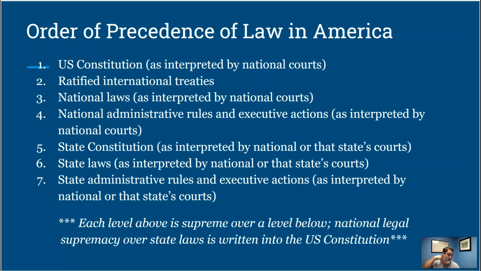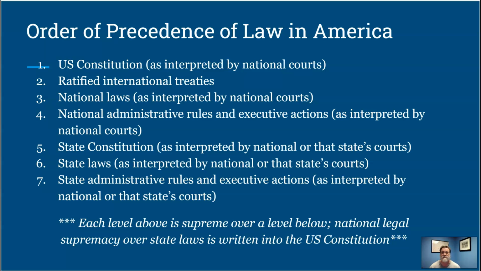Of course, the Constitution trumps everything, and then it goes down in order as shown on this screen. Now, of course, there are 50 states, and the 50 state constitutions, as interpreted by the national courts or that state's courts, would be supreme in that state, subject to conflicts with federal law.